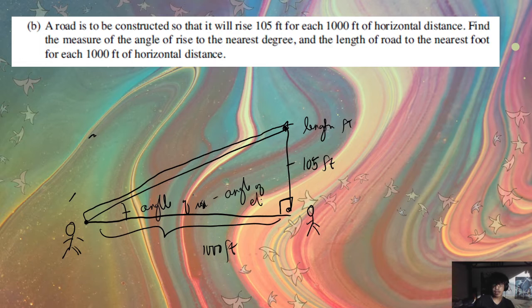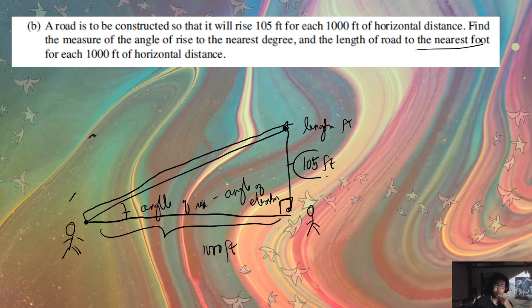For this problem, what is the angle of the rise and the distance in feet of the road? The first value that we can find would most probably be the length of the road to the nearest foot.